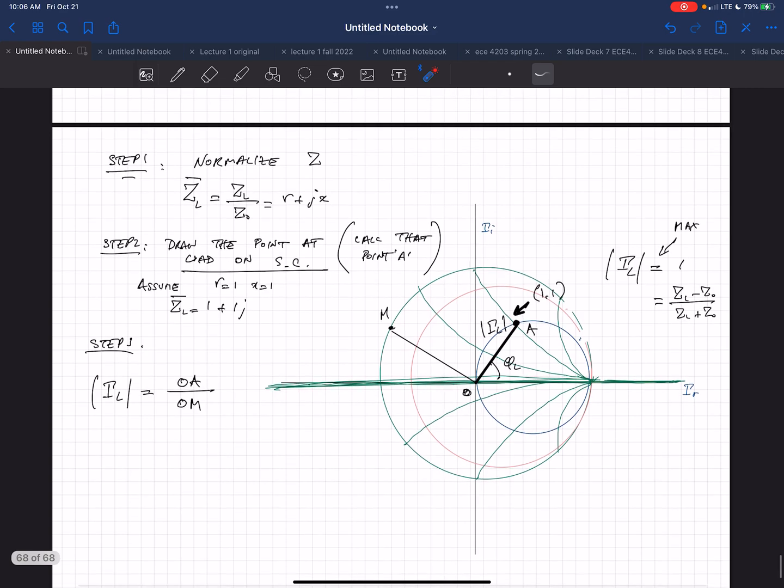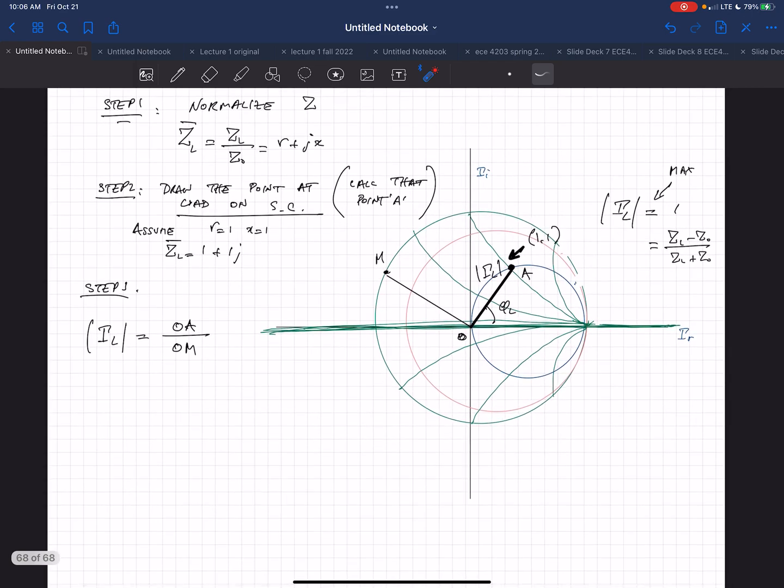Okay, now remember that as I move away from the load, as I'm drawing my reflection coefficient, this is going to take a circle around. The amplitude's going to stay the same, and just the total phase angle is going to change as I change beta, as I change L along the line.